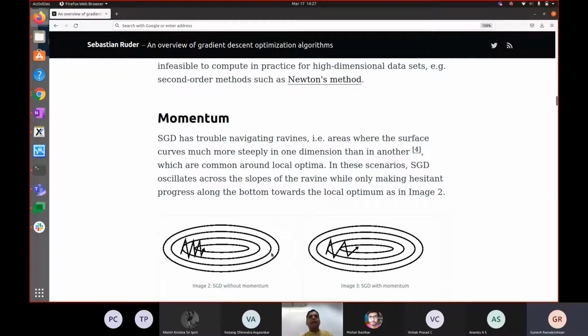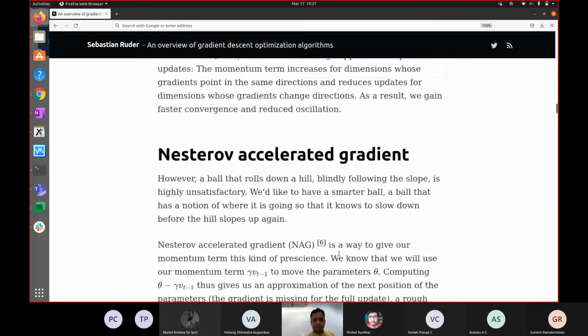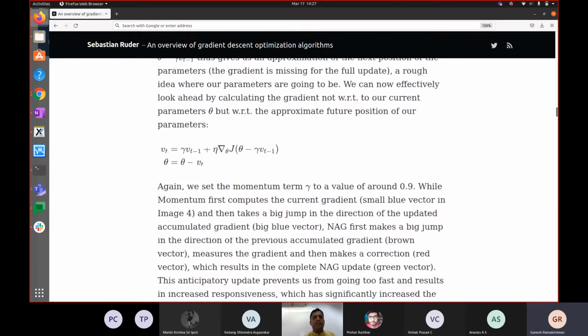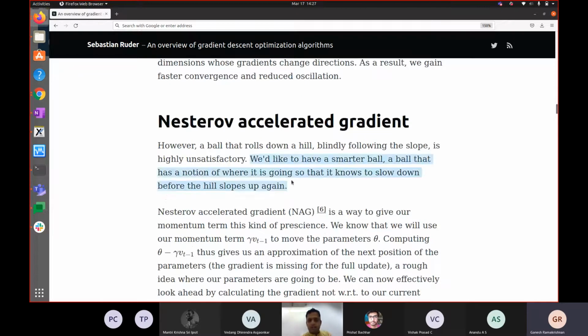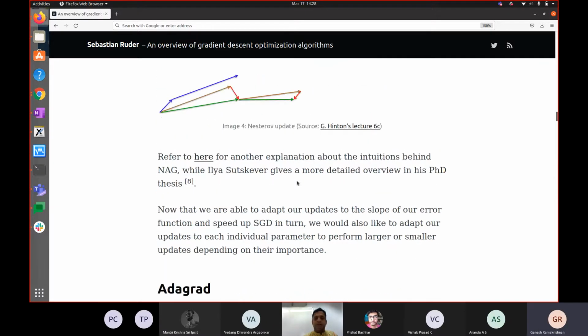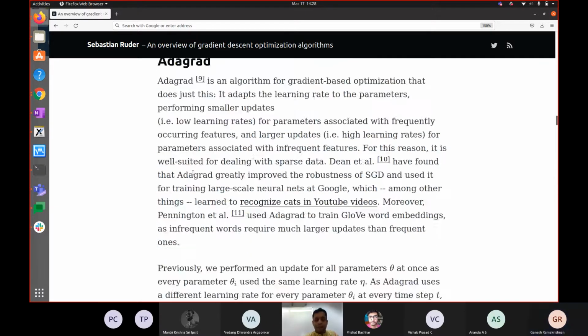So you're kind of reminding the ball, you're supposed to go down, don't get distracted. That's what happens in momentum. Nesterov accelerated momentum said, well, let's be a little smart. It's nicely written: we'd like to have a smart ball, a ball that has a notion of where it is going. So the ball has a little look ahead, so that it knows to slow down before the hill slopes up again. That's Nesterov.